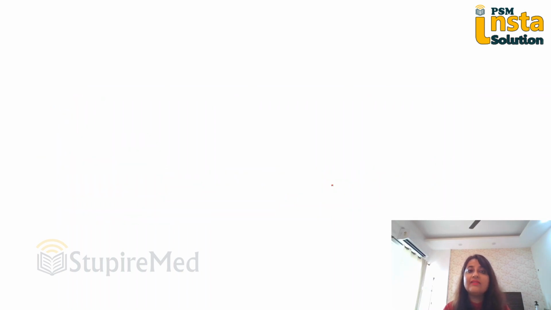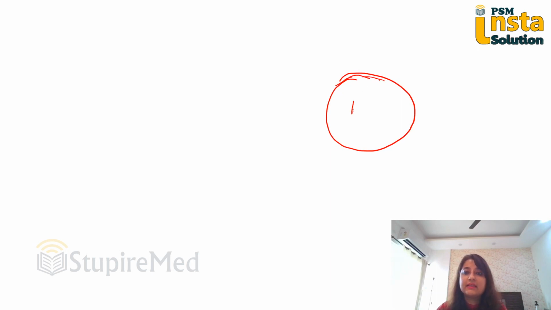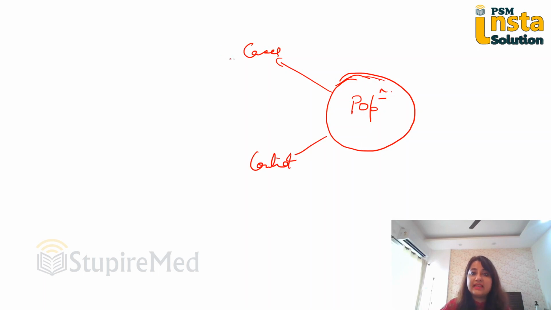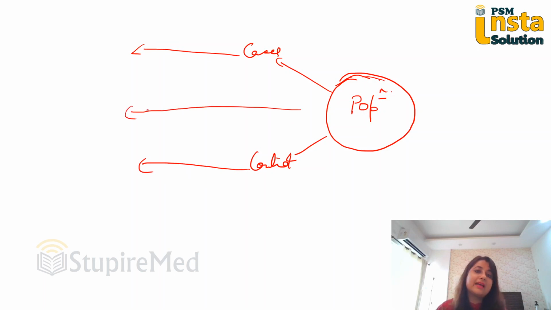Now, to understand the measure of strength of association in a case control study, let us draw a picture. Here we have a population. In case control study design, what happens? This population, we divide it into two groups, cases and controls. Then what happens in a case control study? We go back in time. What do you mean by going back in time?